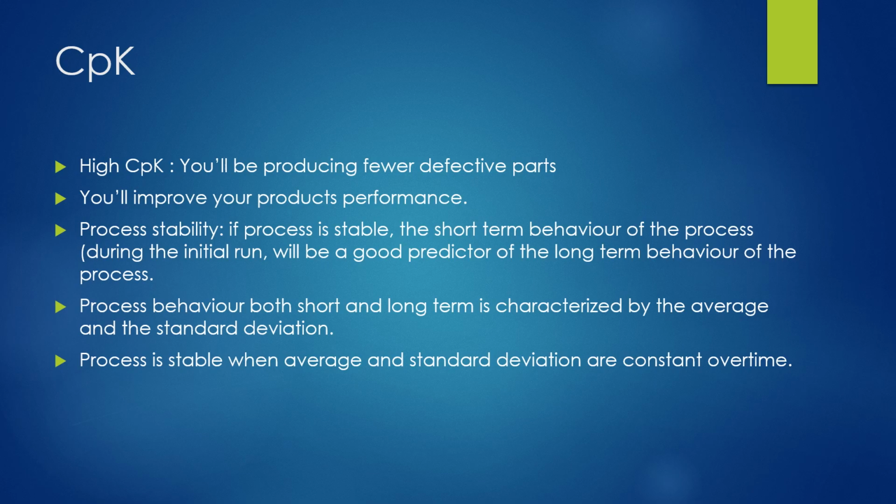So we can say that my process is stable based upon the consistency of the average as well as the standard deviation that has been observed during the preparation of APQR. So process stability has a major impact upon the process behavior and the quality of the product that is being achieved.